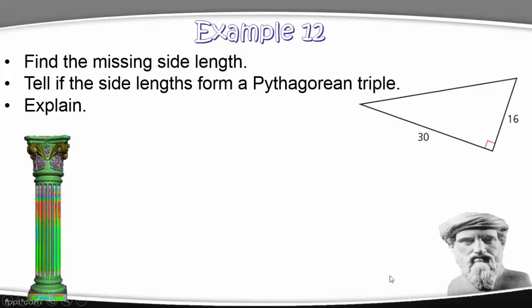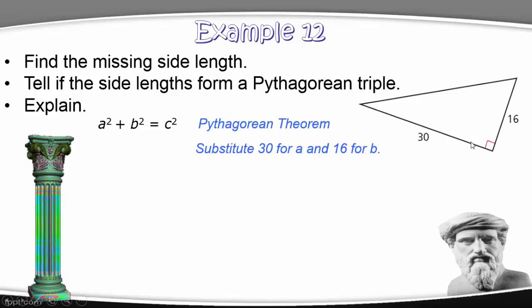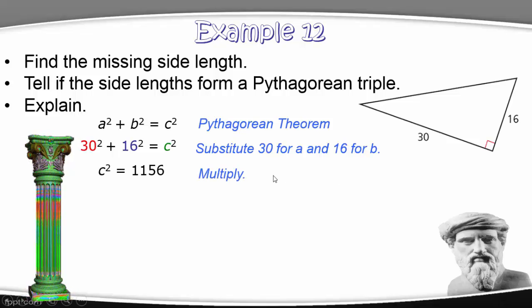In number 12, we're going to find the missing side, and we're going to see if it's a Pythagorean triple. We have nothing telling us that it can't be, so let's try. So we use the Pythagorean theorem the same way as we've done in the past. And we'll take one of them, we'll substitute 30 for A and 16 for B. And then we'll multiply and solve accordingly.